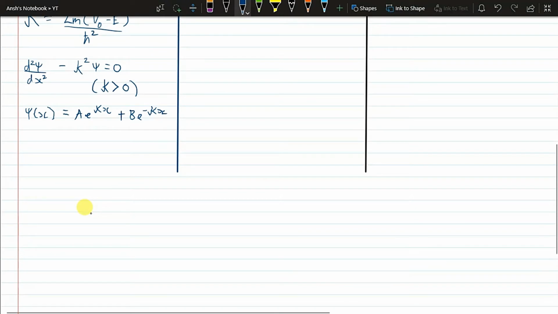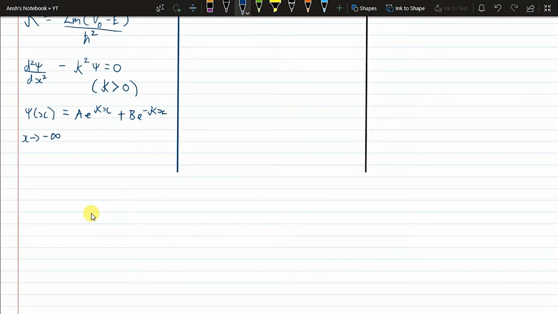Say here x was tending to negative infinity, as region 1 goes all the way up to negative infinity. This term right here, you put x equals negative infinity and you have e to the power infinity.